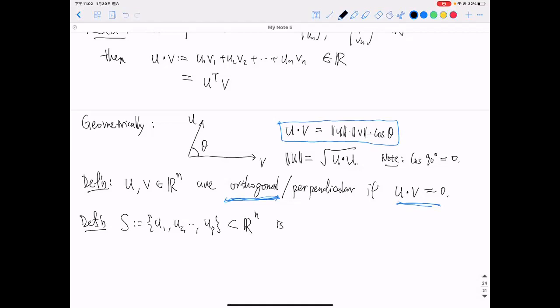This set is called an orthogonal set if each pair of distinct vectors in S is orthogonal.